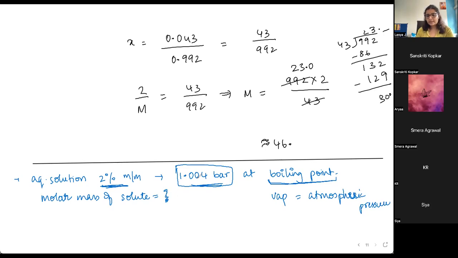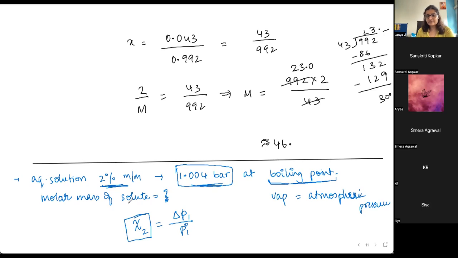So now you know the relation. The mole fraction of the solute is equal to delta P upon P naught of the solvent, right? So plug the values to get the mole fraction. But mole fraction is not what you need.